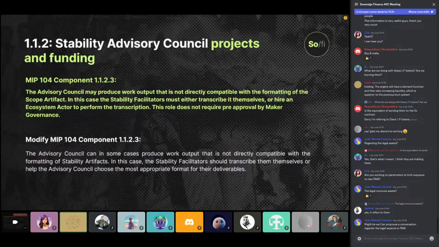The responsible facilitator can essentially hire somebody else to transcribe this work into a form which is directly compatible with the scope. I just need to very quickly check this so I don't mess something up.